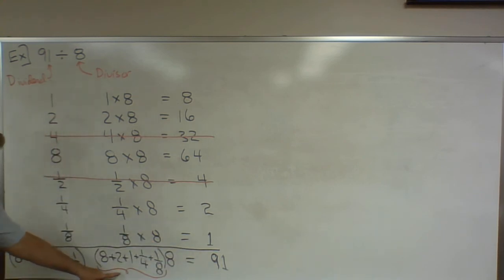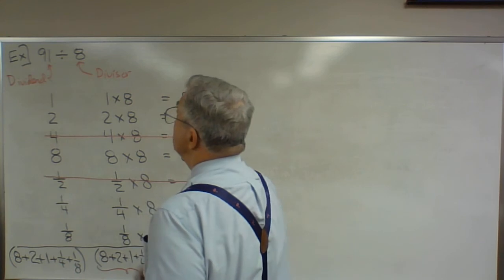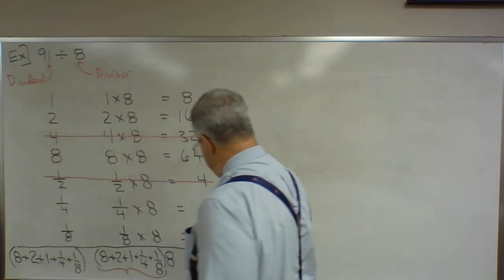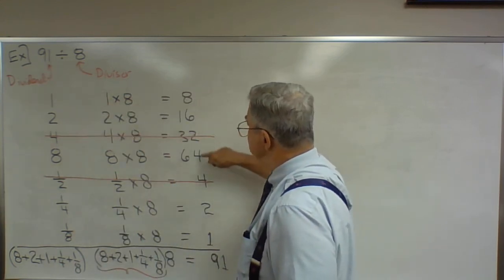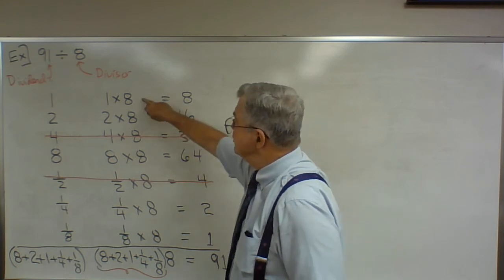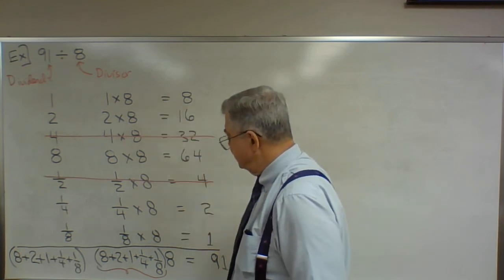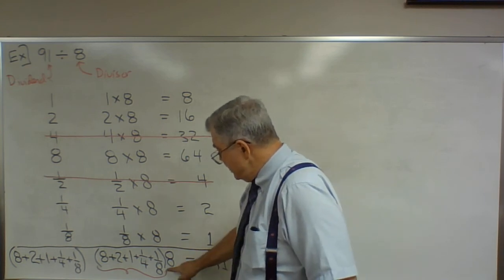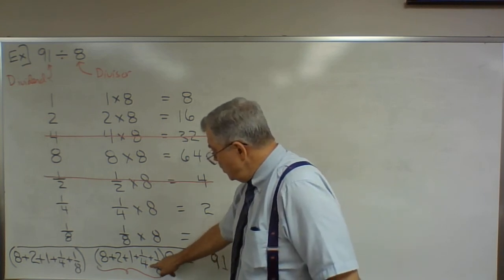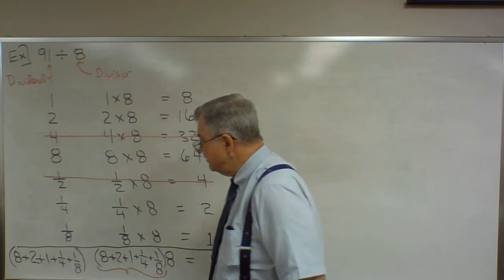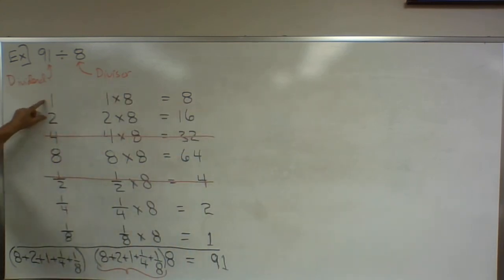Well, what is this thing right here? It's the sum of these numbers in the leftmost column. So let's see what we did. We took the dividend, 91, and decomposed it into the sum of distinct powers of 2 times the divisor. And we factored out the divisor. What we had left was the quotient, and that's the sum of these things in the leftmost column.